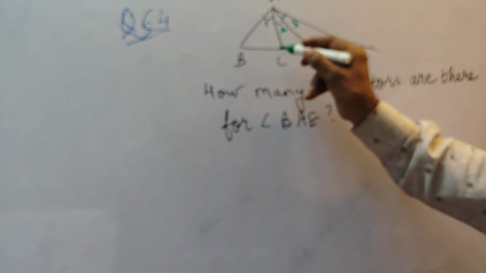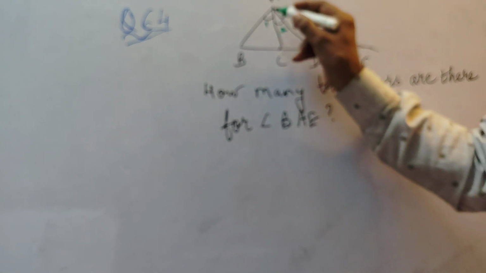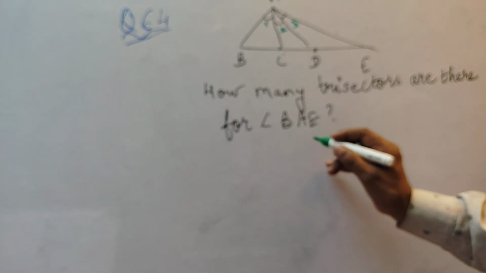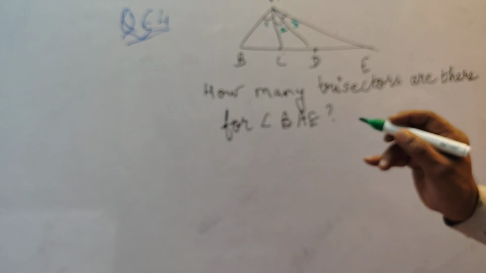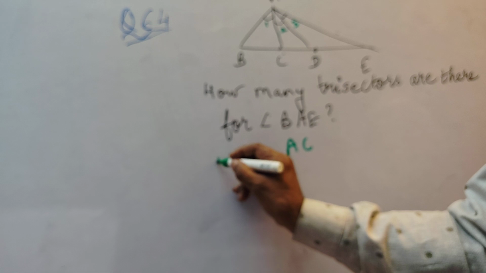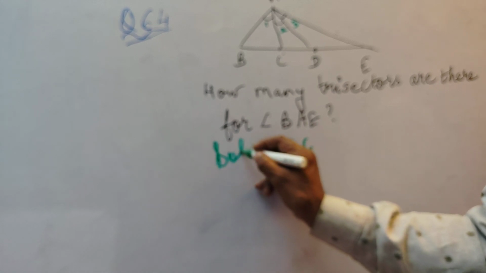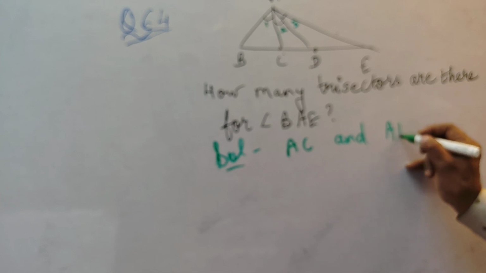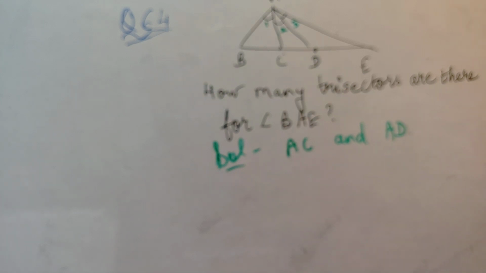These three angles are made equal by AC and AD. So the answer will be AC and AD. AC and AD make the trisectors.